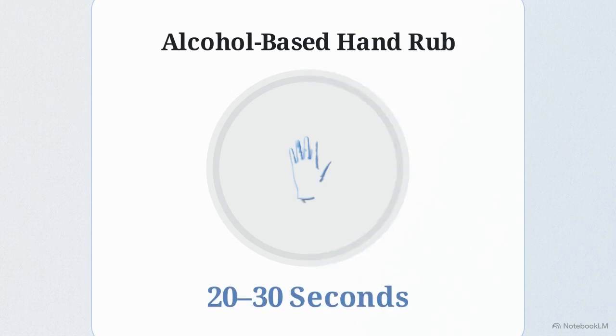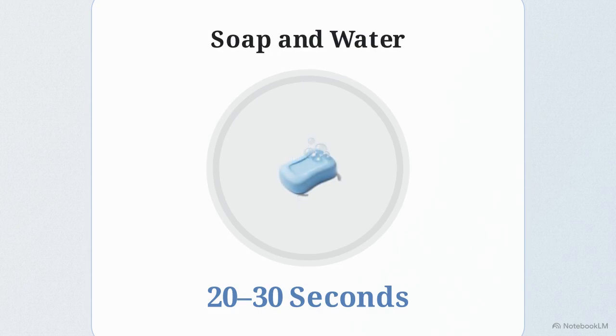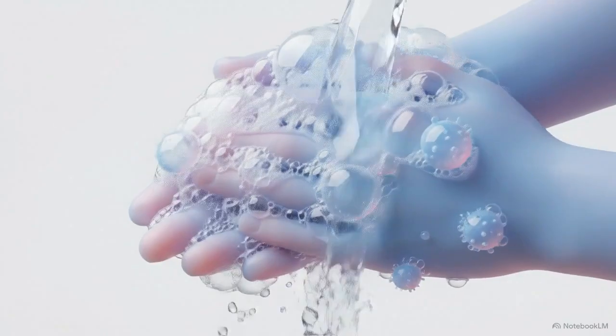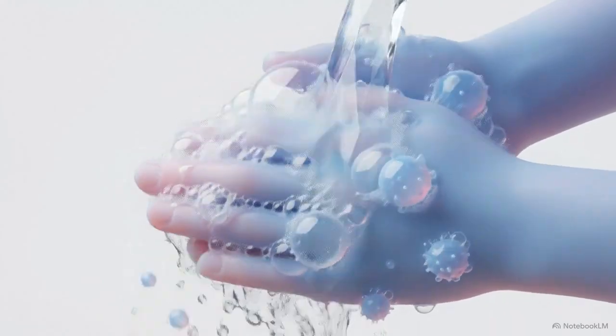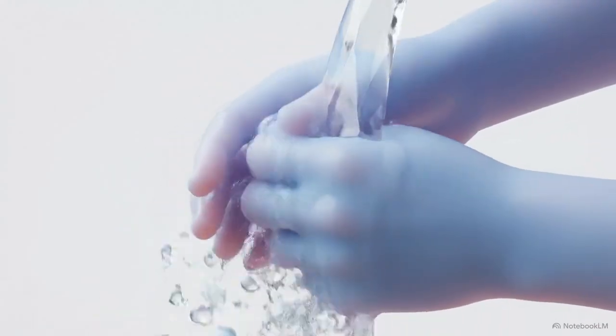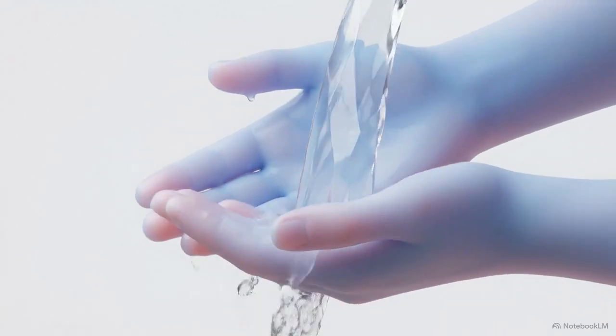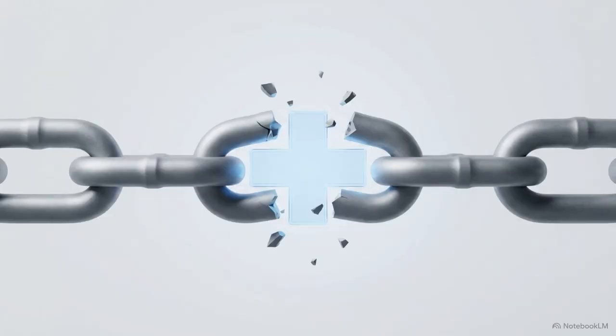If their hands are visibly soiled or they suspect spore-forming organisms, they must switch to soap and water. You will count a full 40 to 60 seconds for this method. Removing jewelry, trimming nails, and hitting the precise WHO timing thresholds removes the physical environments where microbes hide. This specific combination of actions breaks the mechanical chain of infection.